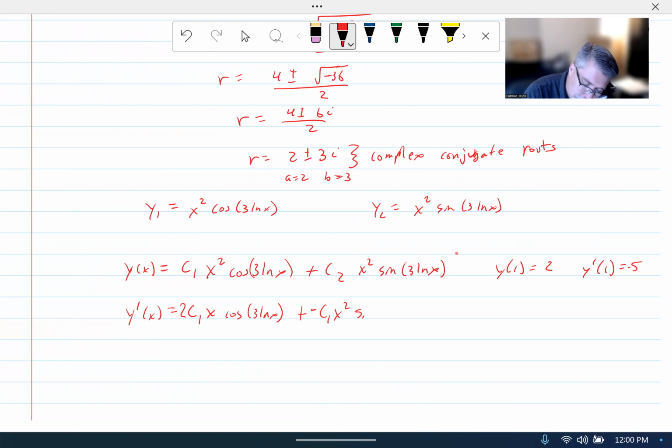There's a minus sine of 3 natural log of x, but the derivative of the inside, 3 natural log of x, is 3 over x.